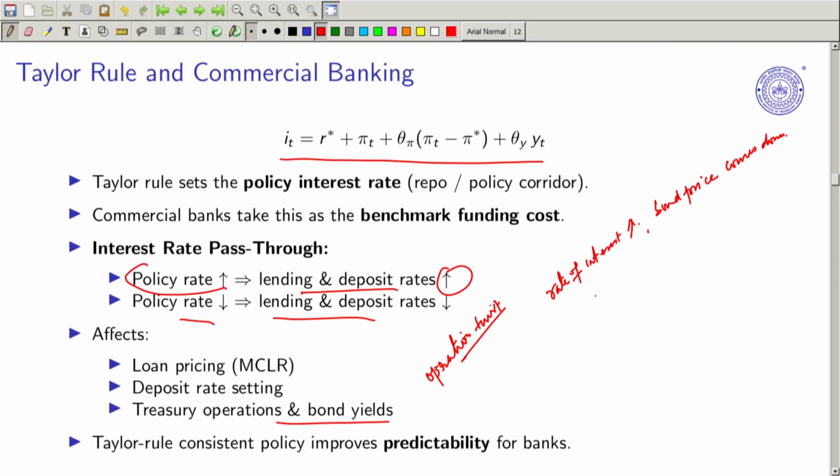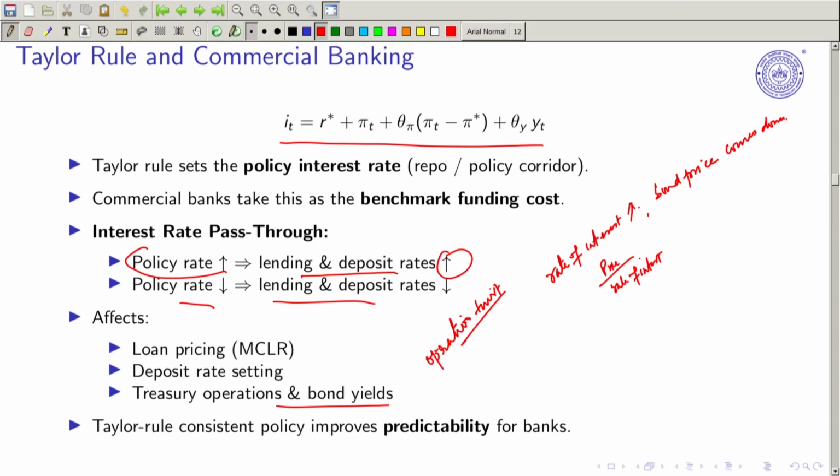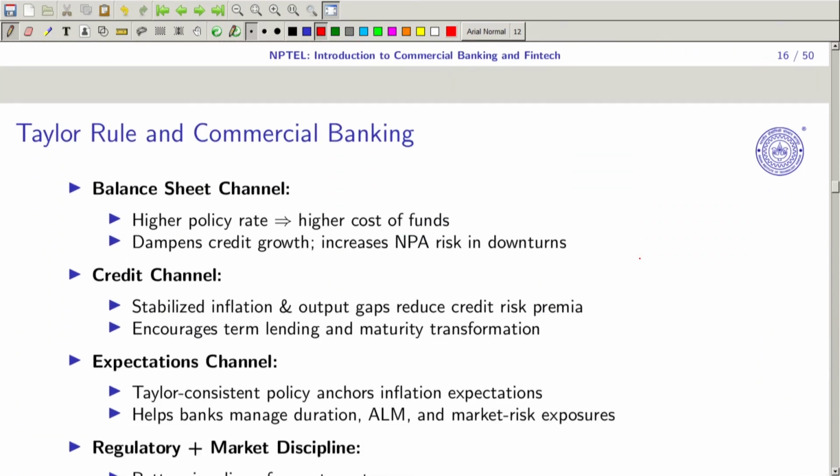And you know that yield is nothing but the price of the bond plus the rate of interest, right? So if the rate of interest is higher, your yield is lower. If the rate of interest is lower, your yield is higher, and this is what we often link with the Taylor rule.